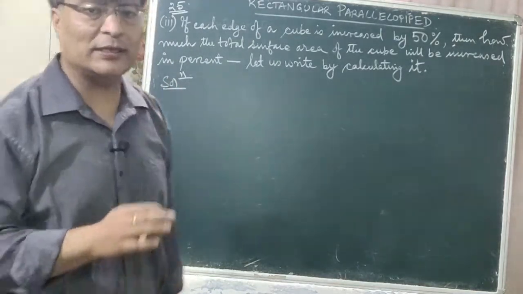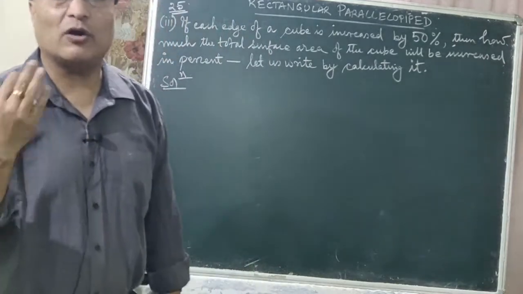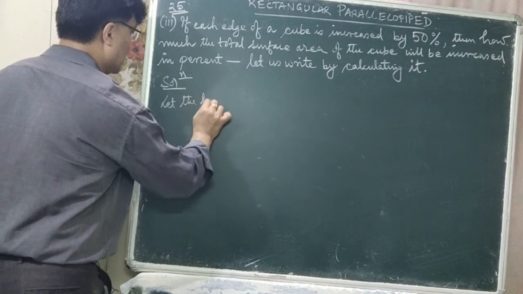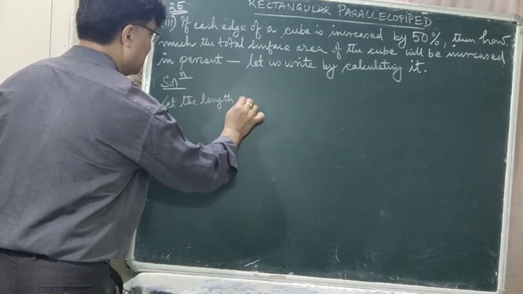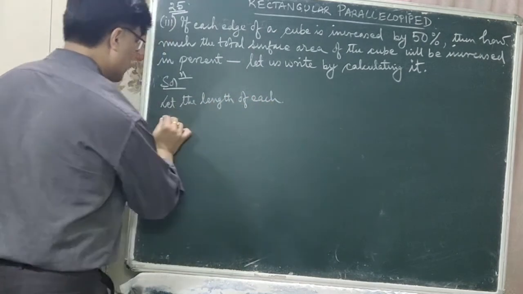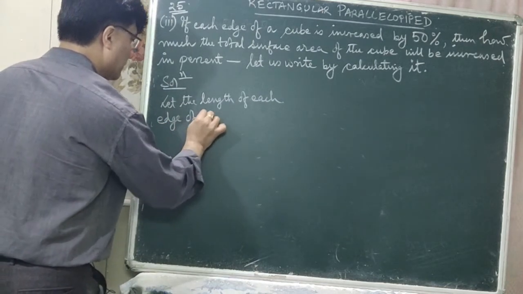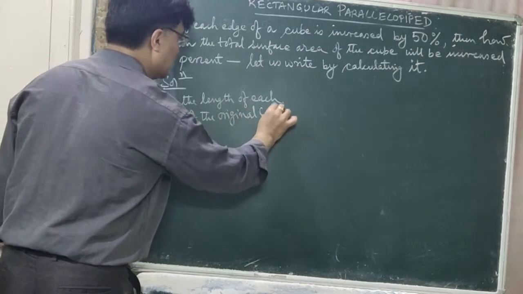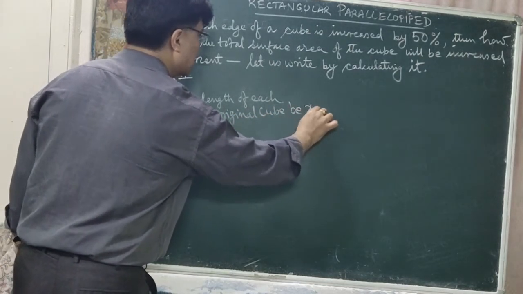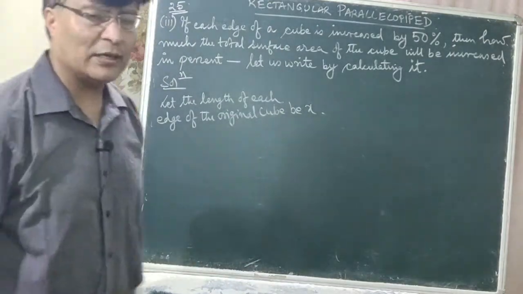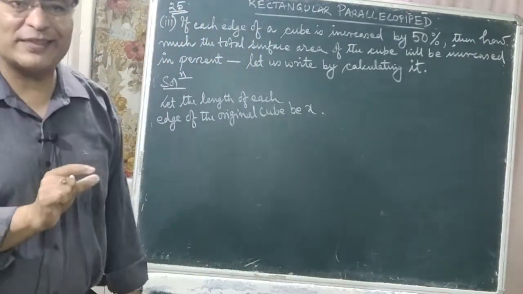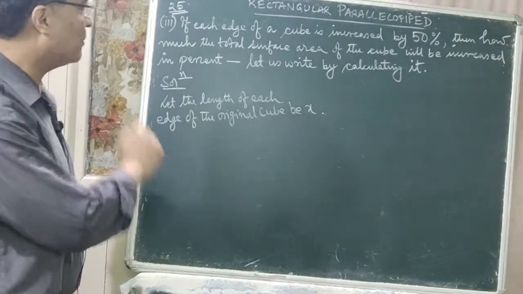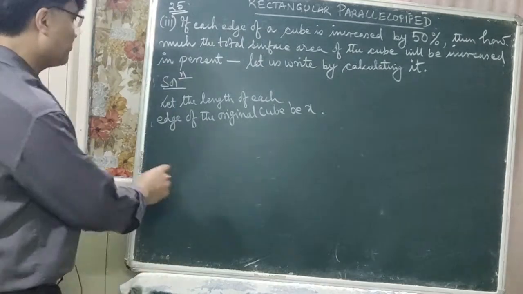So let us assume the length of each edge of the original cube be x. तो यो के सपोज गरे हामीले, ओरिजिनल क्यूब को प्रत्येक एज को लेंथ चाहिँ x. ठीक छ. त यसको हामीले के निकाल्नु? टोटल सर्फेस एरिया पनि निकालिहालौं.